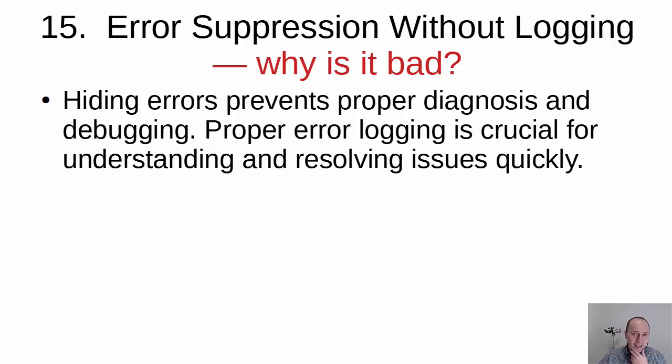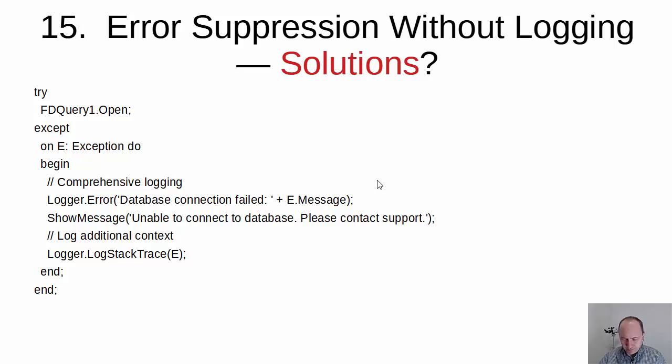So it is really necessary to keep a log of operations. Do not suppress. Of course, users do not like to see messages like Firebird error 001. They want to see something more. But for debug purposes, you should use logging. You should use logging and not suppress errors without logging.